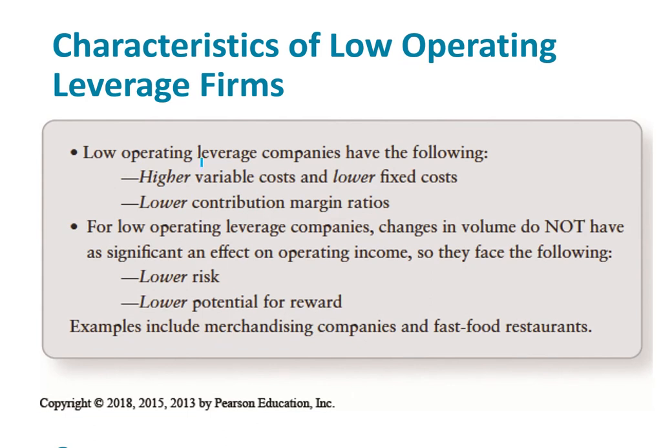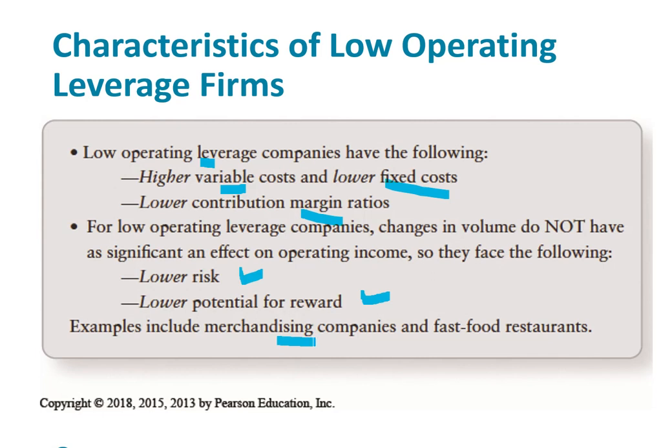Low operating leverage means higher variable costs, lower fixed costs, lower contribution margins. And so the volume does not have a significant effect on operating income. There's a lower risk, but there's also a lower potential for reward.